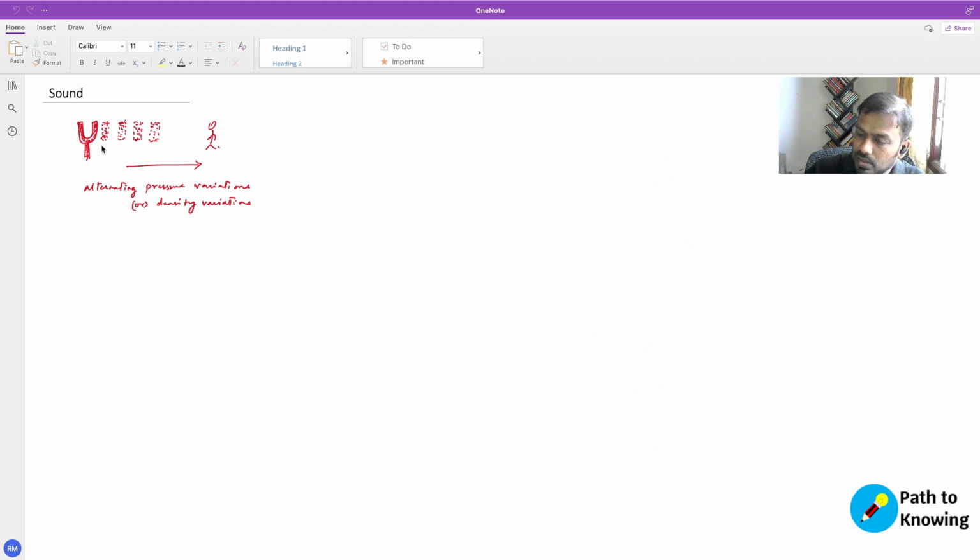Your x-axis is going to be your distance from the tuning fork, and your y-axis is going to be the strength of pressure or density of the air particles. This is the graph that you've considered.